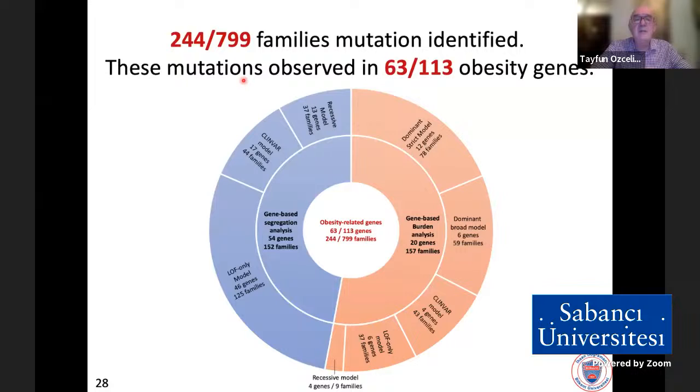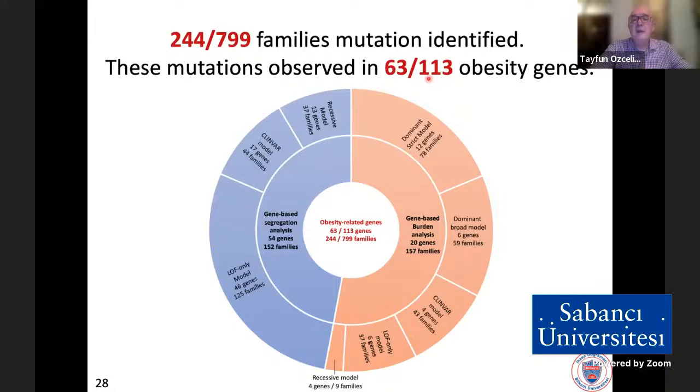We identified that of the 799 unrelated families that have been genome sequenced, 244 of them, which corresponds to nearly 30%, have a mutation in one of the obesity-associated genes.